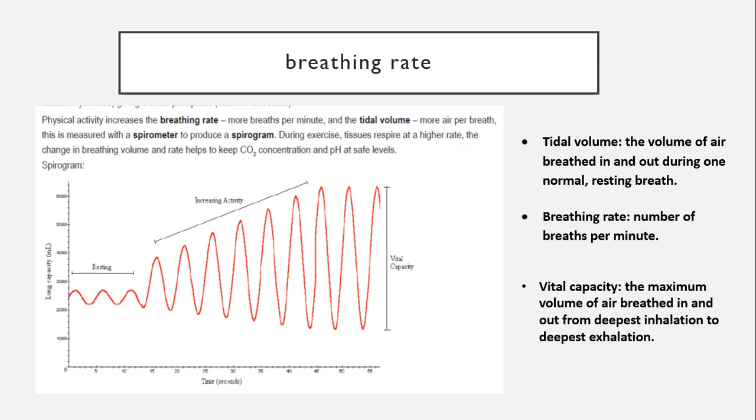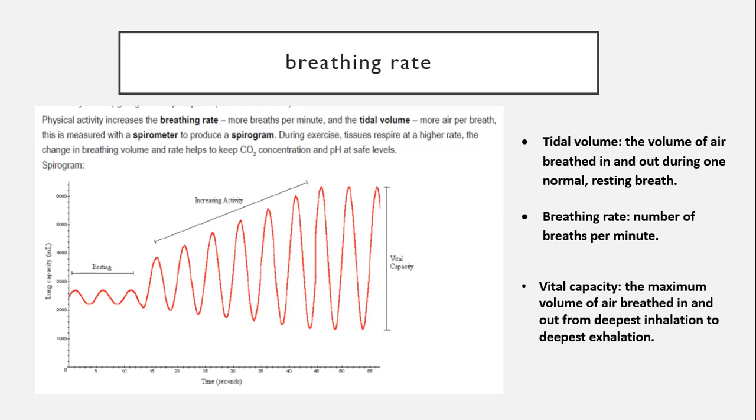Now we are going to talk about the factors that affect the breathing rate. But before talking about these factors, let's talk about the spirogram that shows the breathing rate. A spirogram is a diagram that shows lung capacity versus time.